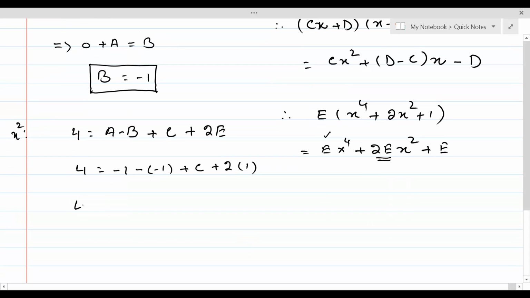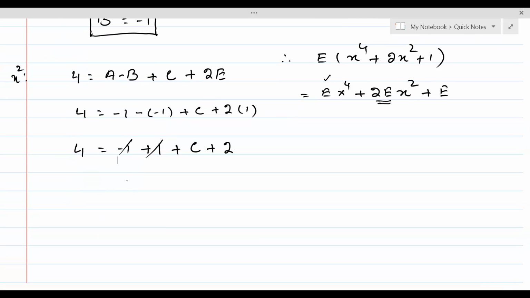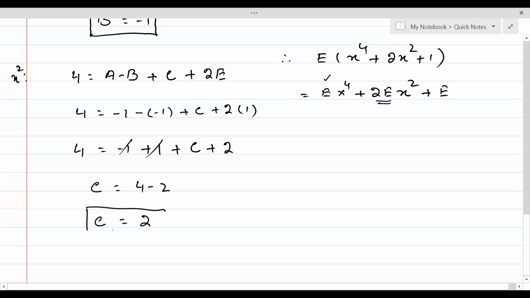Therefore, 4 is equal to -1 plus 1 plus C plus 2. Here the plus 1 cancels with -1, and C is equal to 4 minus 2. This means C is equal to 2. So we have found another constant, C, as the result of comparing coefficients of x².